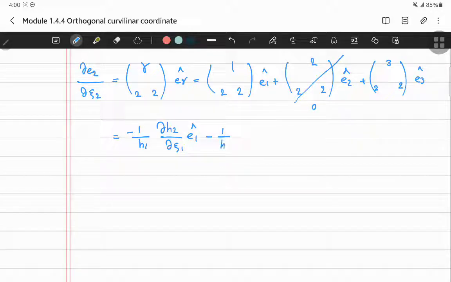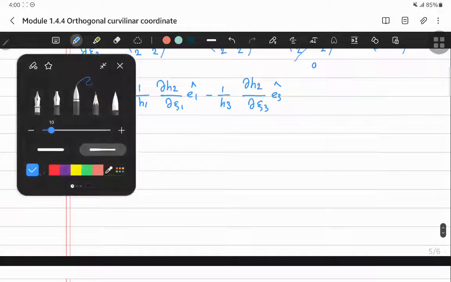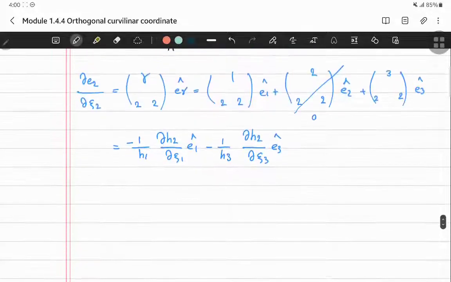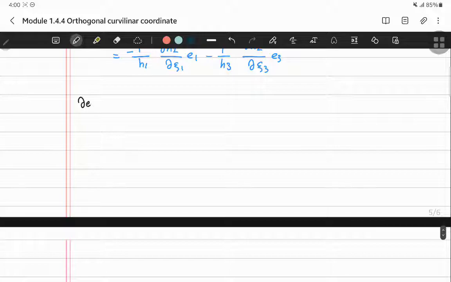Minus 1 divided by h3, partial derivative of h2, z3, e3. So next we have e2 with respect to z3, gamma 2, 3, e gamma.